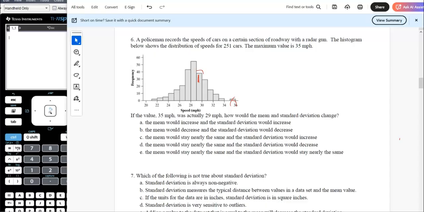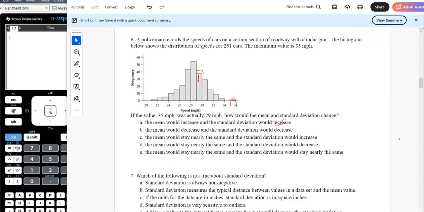So, okay. If you take an outlier and move it so that it's still to the right of the median, I don't think, oh, we don't care about the median. Sorry, it wasn't asking about median. So standard deviation is definitely not going to increase.